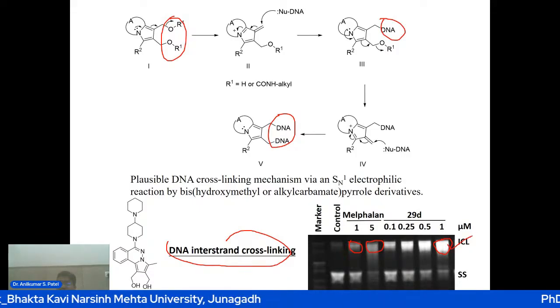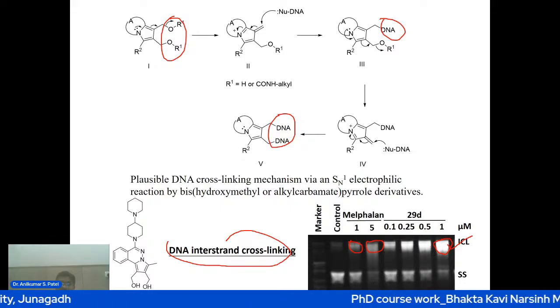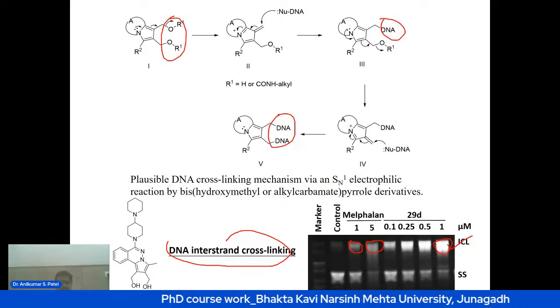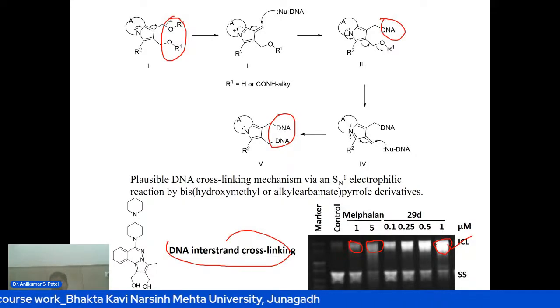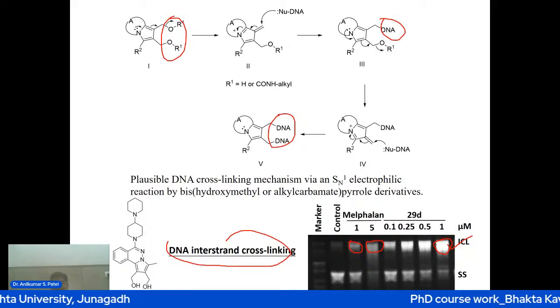We can see that 1 micromolar of 29D shows very strong DNA interstrand cross-linking. So via this mechanism, we found that this compound is very good at DNA interstrand cross-linking.